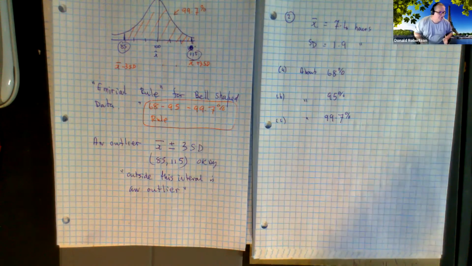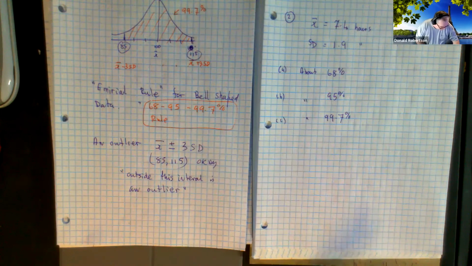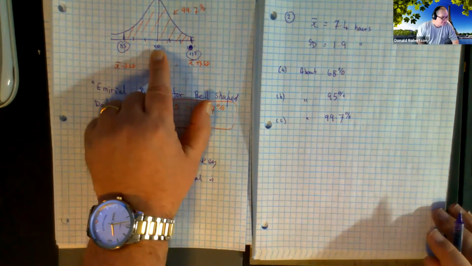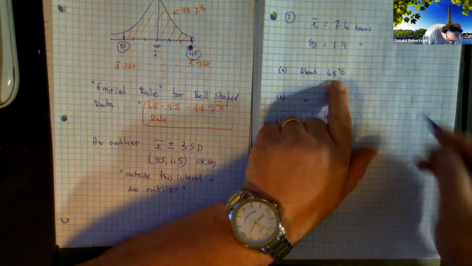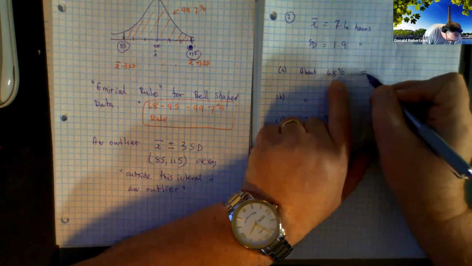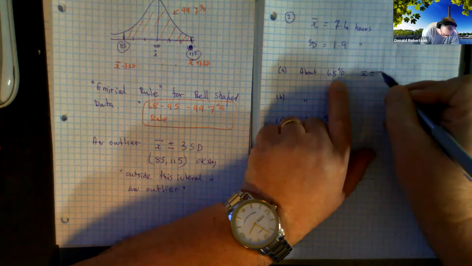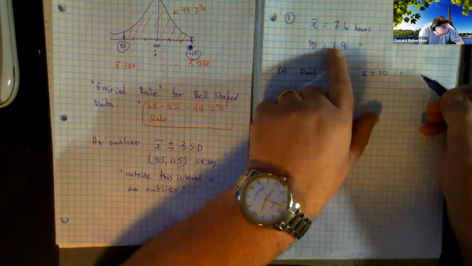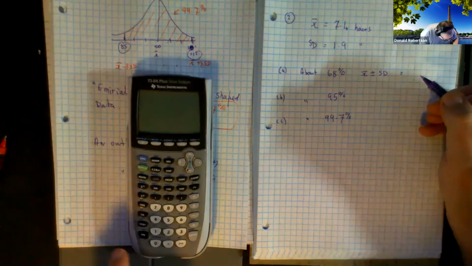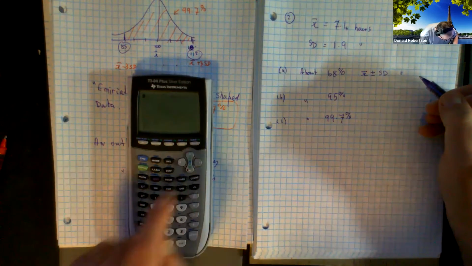So what number to what number? And isn't that basically 1 standard deviation away from the mean? So about 68% will be the mean plus or minus 1 standard deviation. What does that get me? If you take 7.4 and you subtract 1.9, that'll tell us the small end.